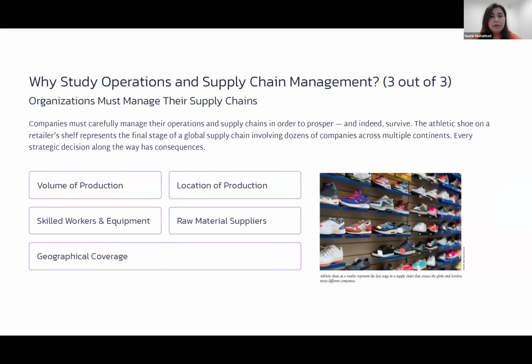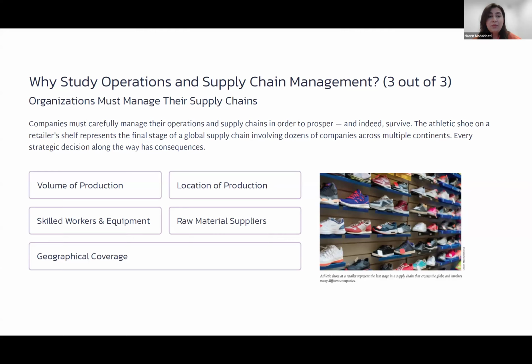Another reason why we are studying supply chain management is that effective and efficient management of supply chains matters. The reason is that the success and failure of the business is tied to the performance of its supply chain. Let's say that you have a shoe store and you sell different kinds of sneakers and shoes.